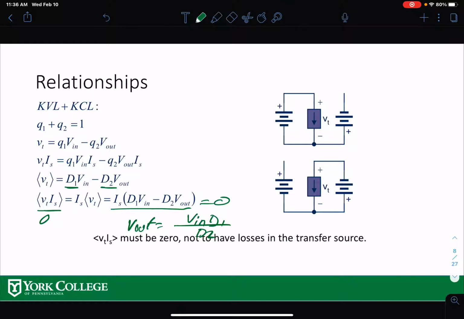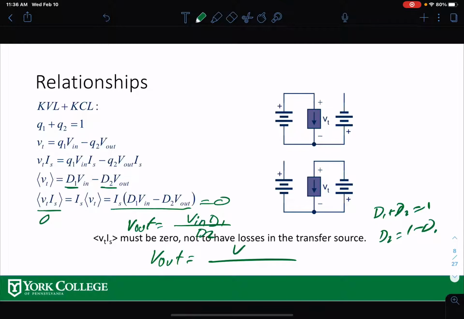And D1 plus D2 is 1, so D2 is 1 minus D1. Then your V out is V in D1 over 1 minus D1. That's the equation for the output. The output is reversed in polarity, so with a common ground this output would be negative.